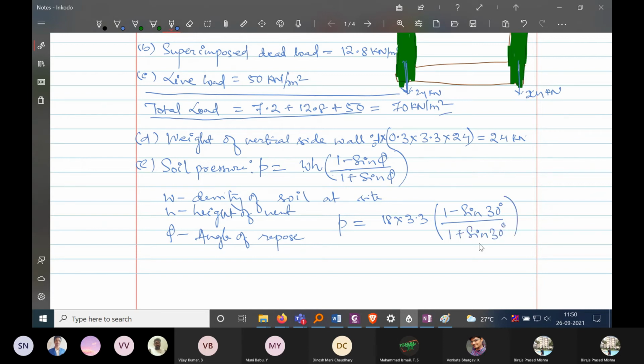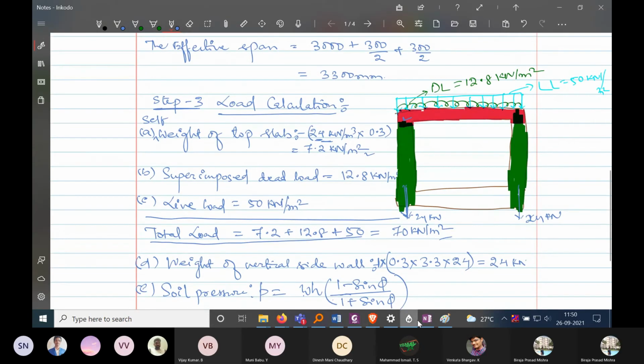Now please calculate the soil pressure. If we calculate, it will come as 20 kilonewton per meter square.